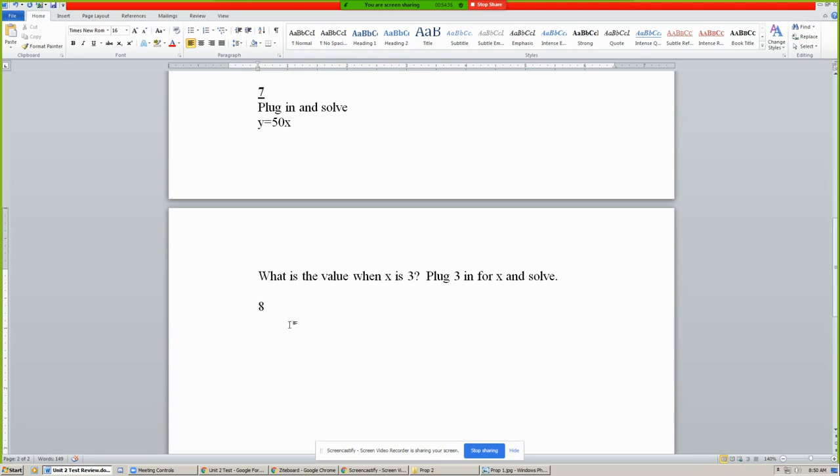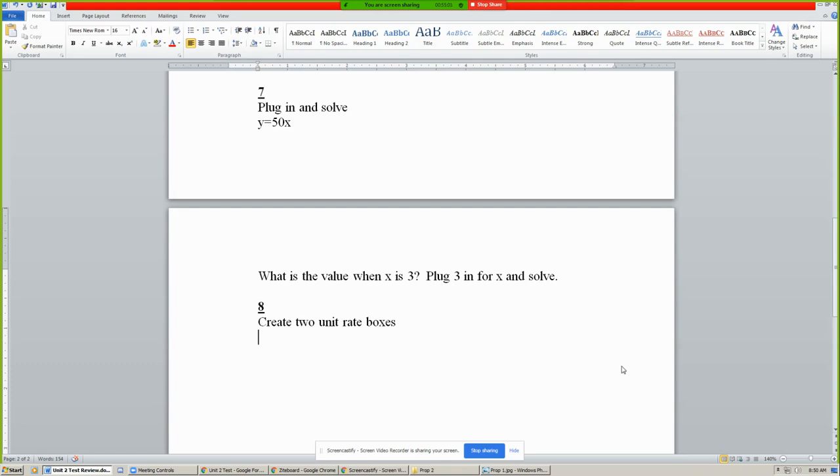All right, number 8, you're going to need to create 2 unit rate boxes. Number 8 says, Sarah used so many cups of cheese in a dish that serves so many people. Amy used so many cups of cheese in a dish that serves so many people.